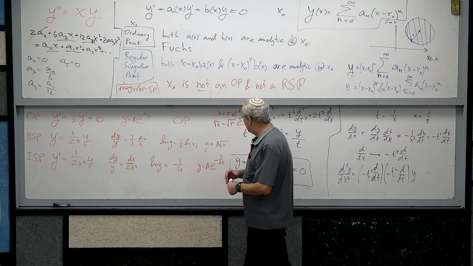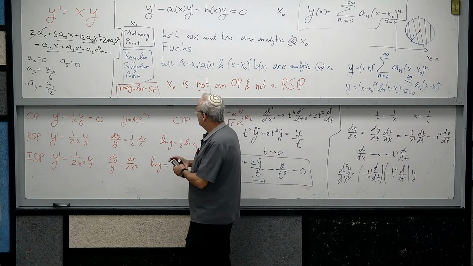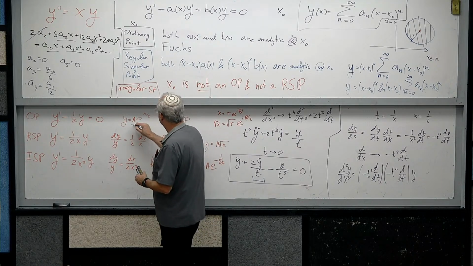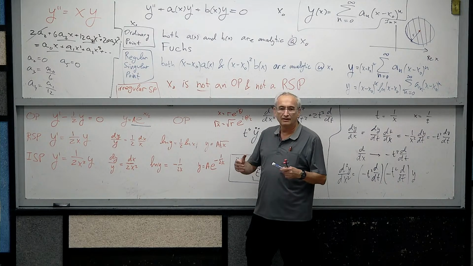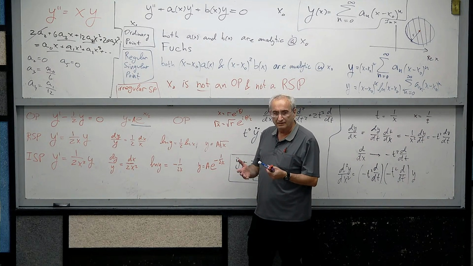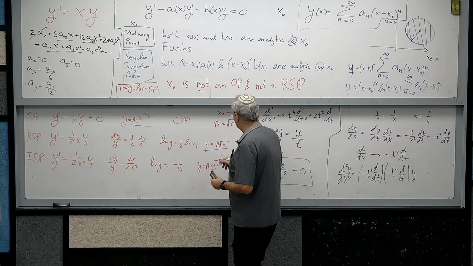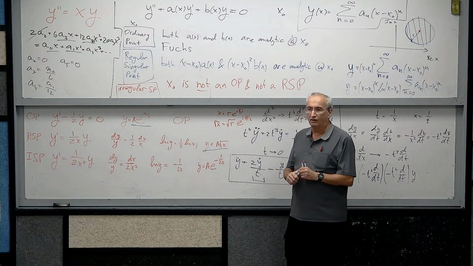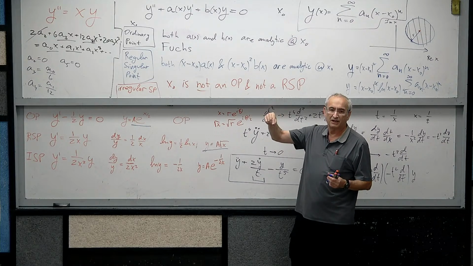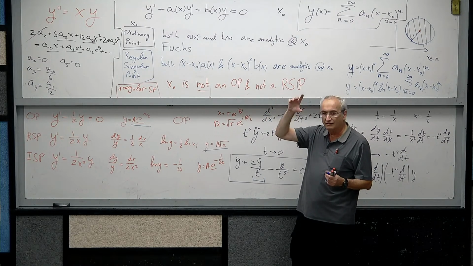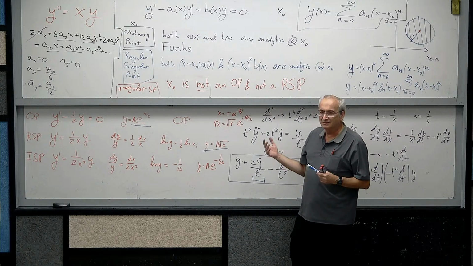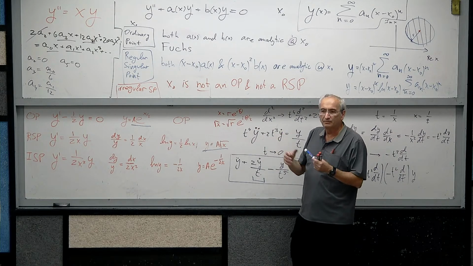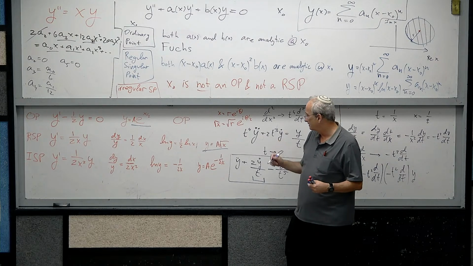Okay? Now you see, the previous one was a nice, well-behaved function as x goes to 0, an entire function. It has a Taylor expansion, everything. This one is not so nice because as x goes to 0, the earlier one had a branch cut. That was non-analytic, but it was still only multiplied by a power.